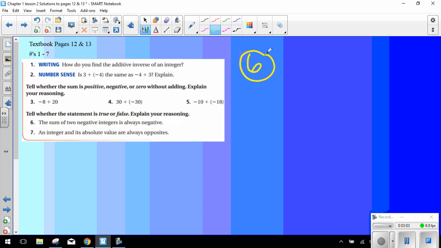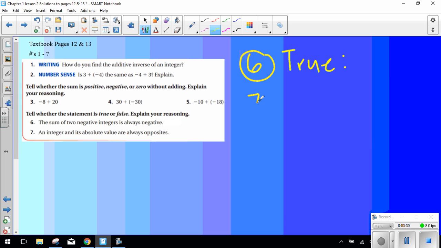Well, if we go back and take a look at number 5, negative 10 plus negative 18, we got negative. And the reason is if both of the signs are the same, you add and keep their common sign. So number 6 is true. And to explain, it's exactly what I just said. When you add 2 negatives, you add and keep the sign.